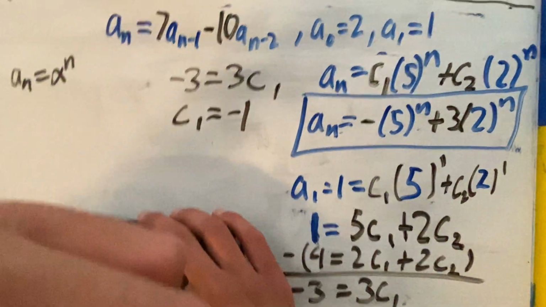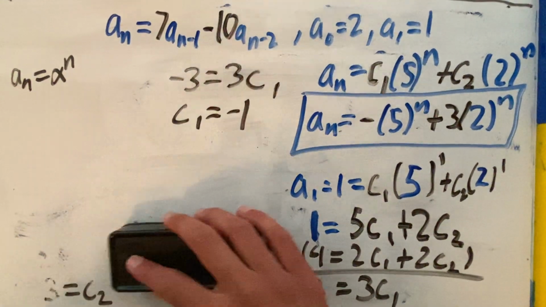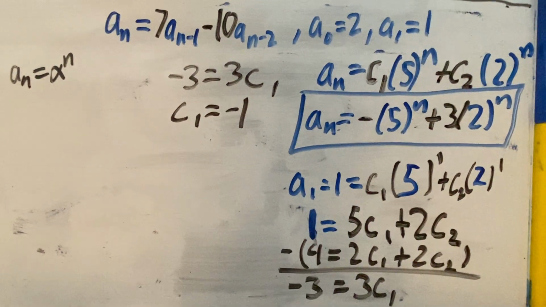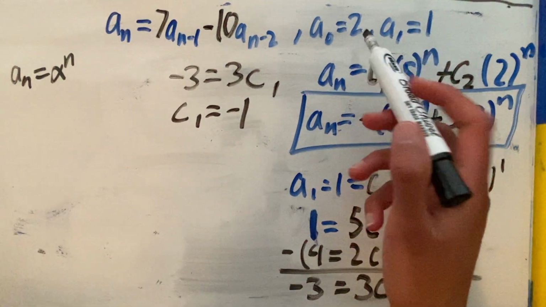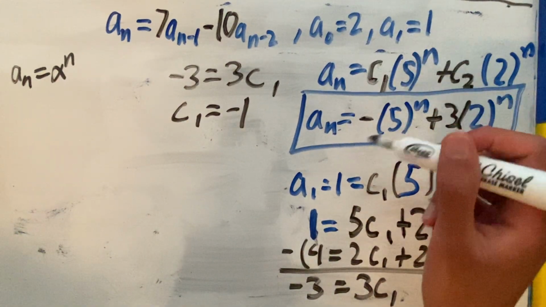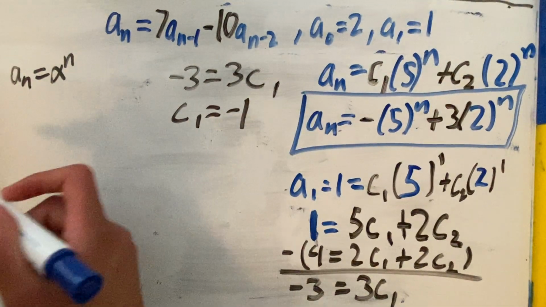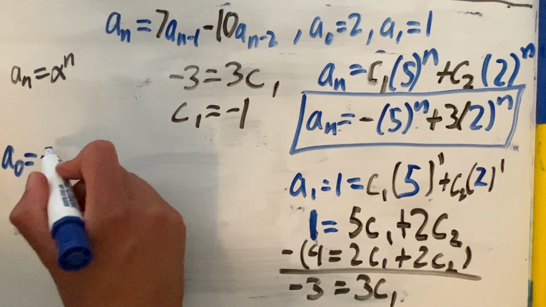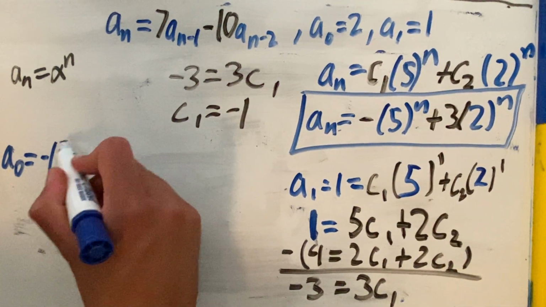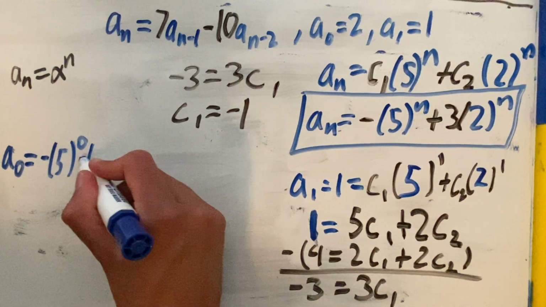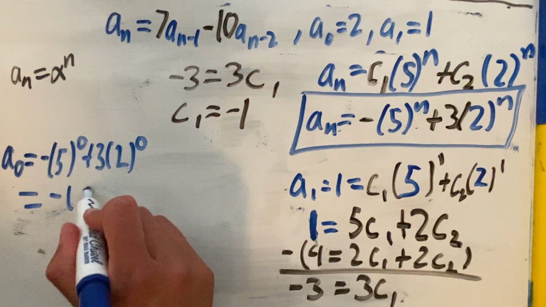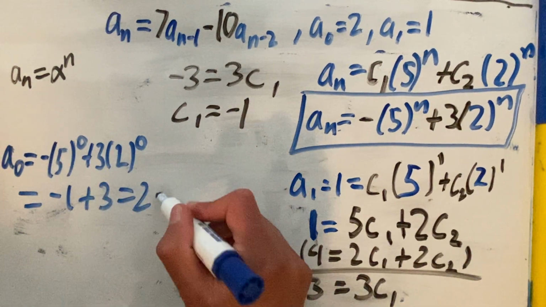Let me just adjust the camera a bit. So a sub 0 is 2, a sub 1 is 1. We can even check those first. So a sub 0, using this formula now, equals minus 5 to the 0 plus 3 times 2 to the 0, and that's going to be minus 1 plus 3, which is 2, which is correct.